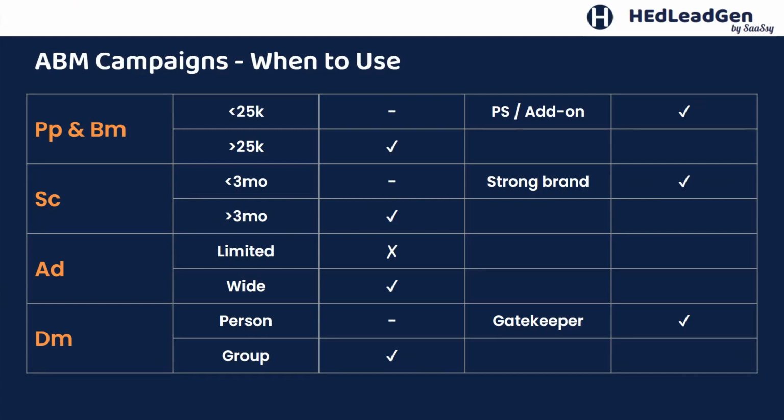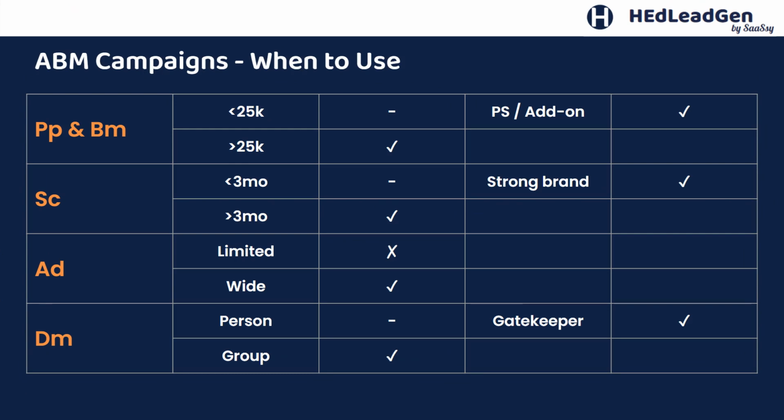Now, what are the factors that help us decide if we should use ABM campaigns or not? Very straightforward. Your pricing point. If you're above 25K, you're most likely dealing with tenders, and you'll be competing, and you have to get your buyer personas through that process of the funnel stages and creating the awareness and the trust with them until they're ready for a one-to-one interaction.